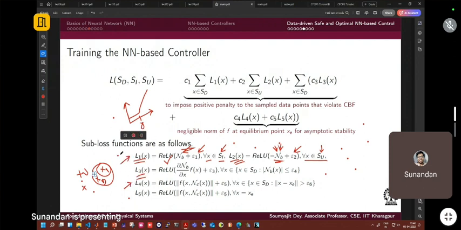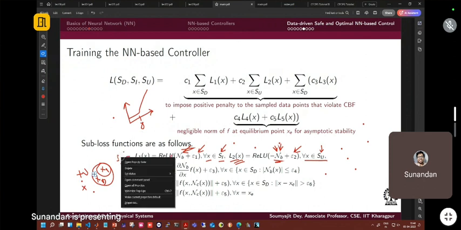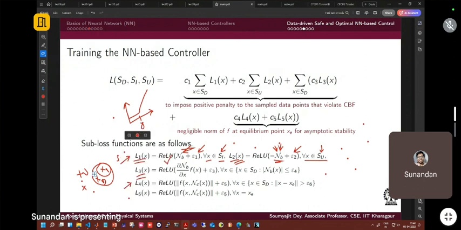This is for safety. And this is for stability. Here, we have the flow function for the dynamical system. With this input, we compute the norm of the output.